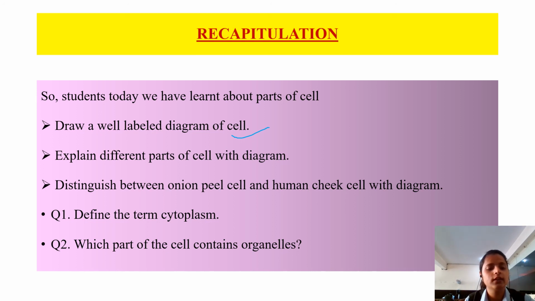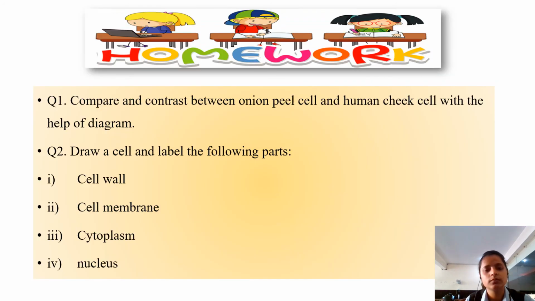Also, now I want you to define the term cytoplasm. You can write your answers in the chat box. And the second question is, which part of the cell contains organelles? So name that part. That part is cytoplasm.